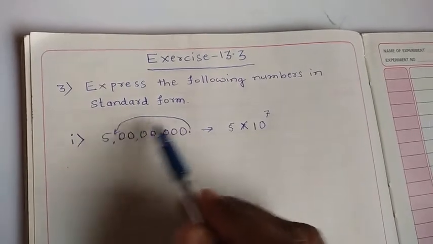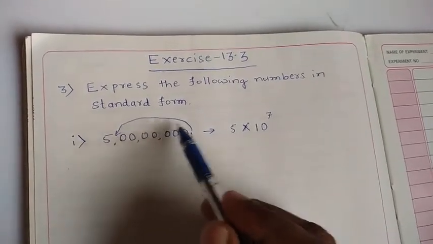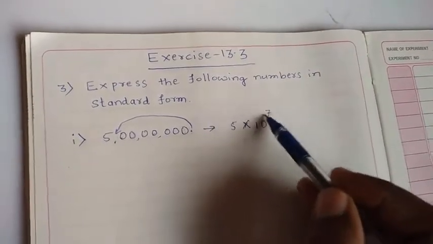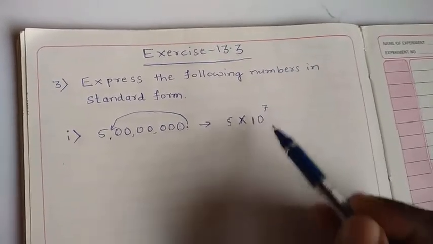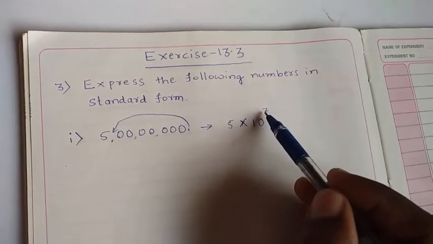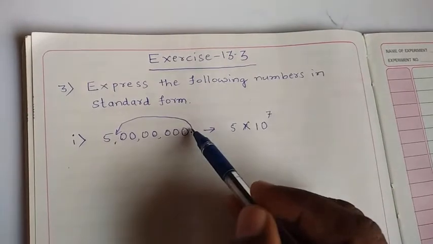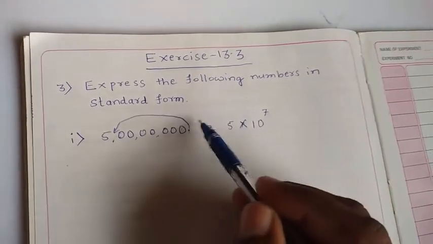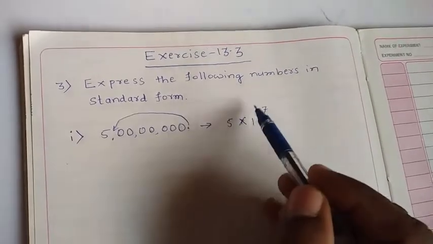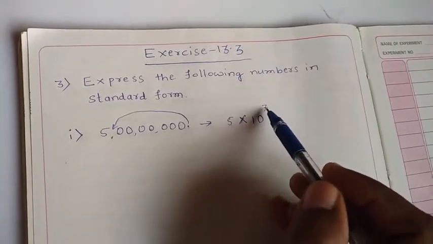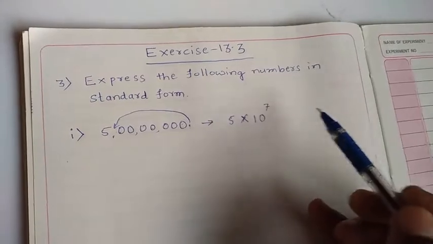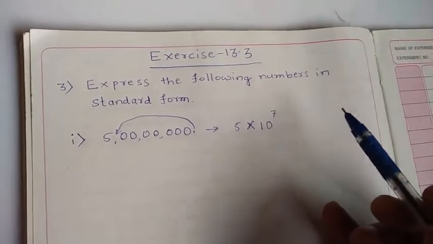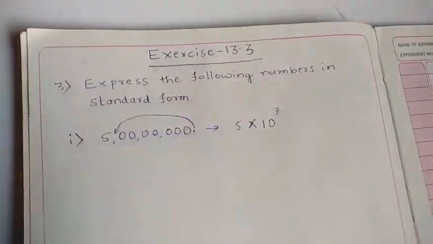If the point is moved to the left, you consider the power as positive, so here we write it as positive. If the point is moved towards the right side, you write it as negative. Understood? Happy?